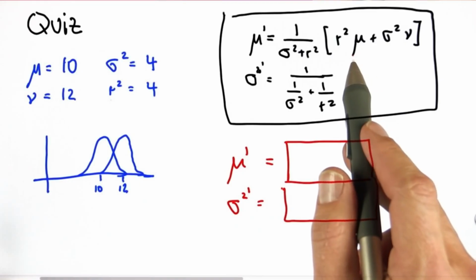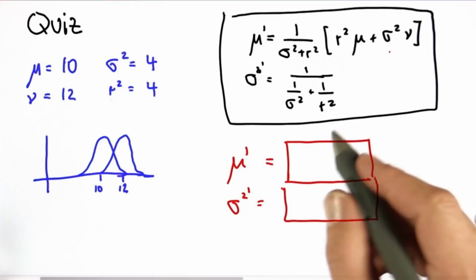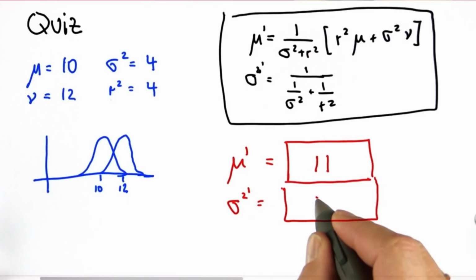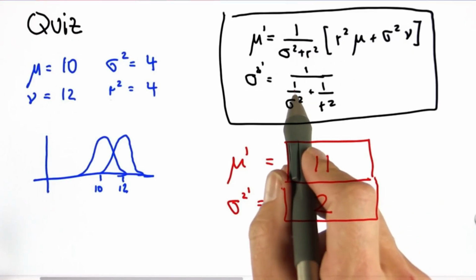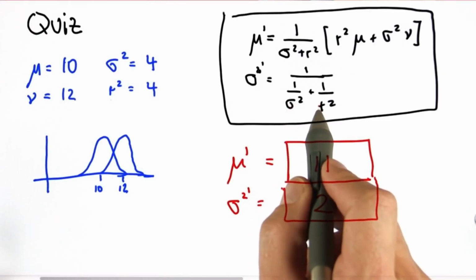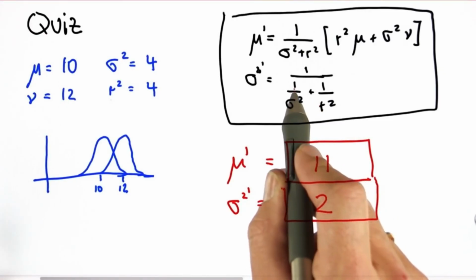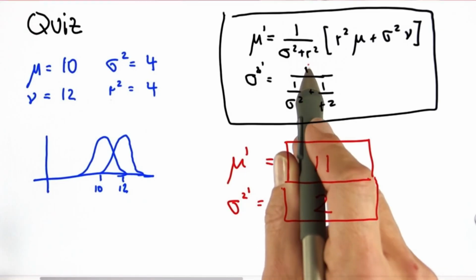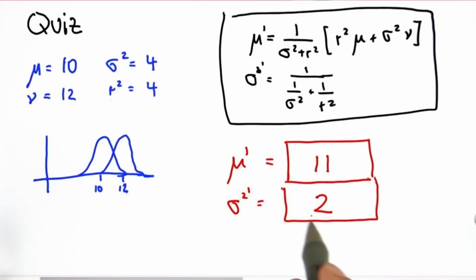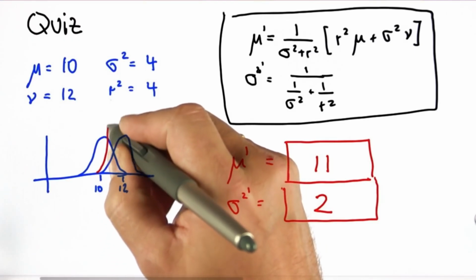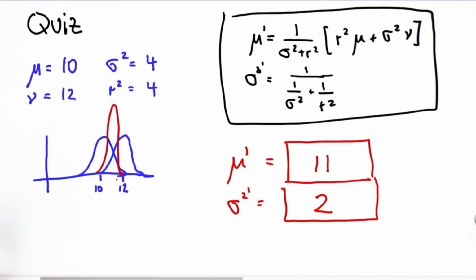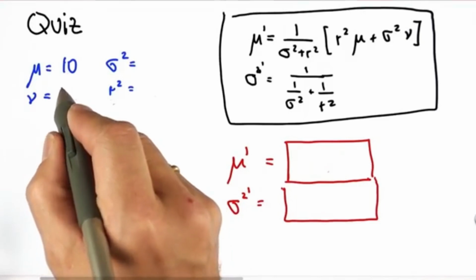So we take the mean between mu and nu, which is 11. And the new sigma square is 2. If you take 1 over 4 plus 1 over 4, then we get 1 over 2. So 1 over 1 over 2 equals 2, which means the new variance term is half the size of the previous variance terms.